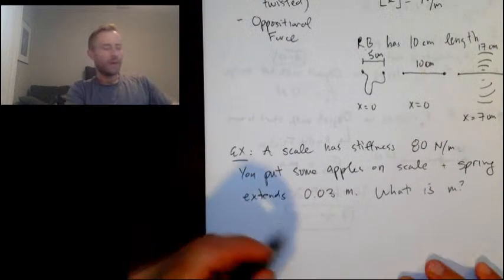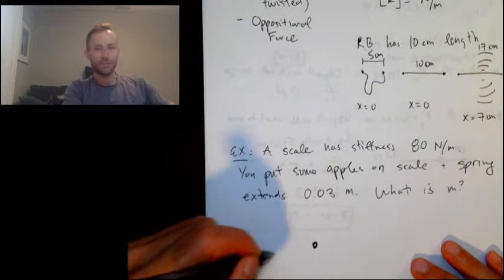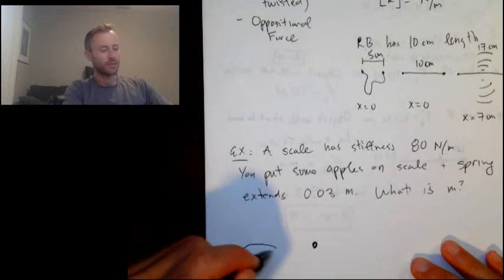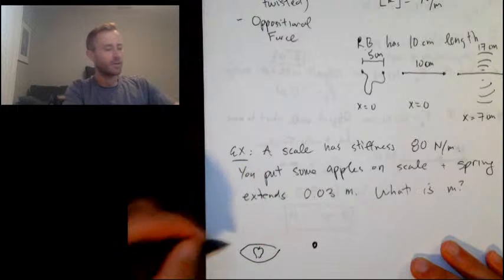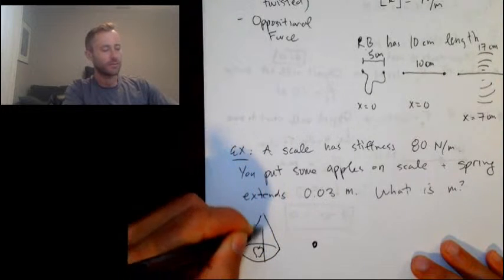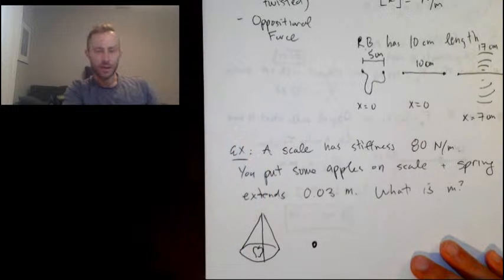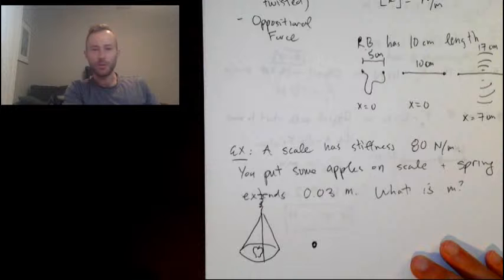Okay, so how would you solve this problem? Basically you have the scale that maybe looks like this. The scale has an apple in it, like that, and then there's a spring. That's how a scale works.